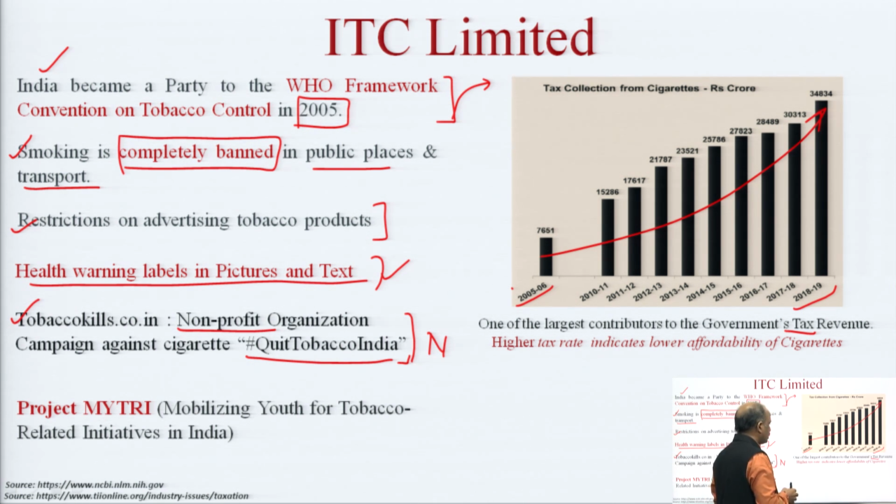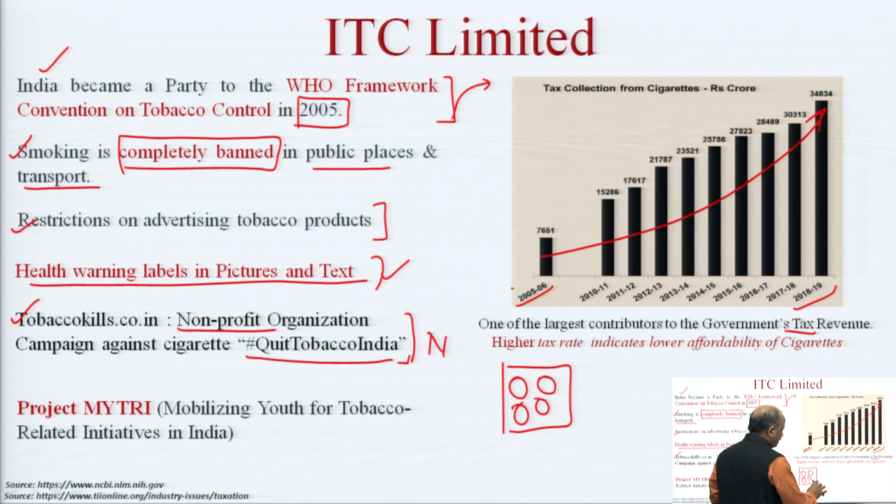And if a particular industry is paying high tax, if they are contributing high, possibly there are two reasons. Number one, within that industry there are a large number of companies, and they are giving tax to the government, and that tax rate may be reasonably low because the number of companies is high.